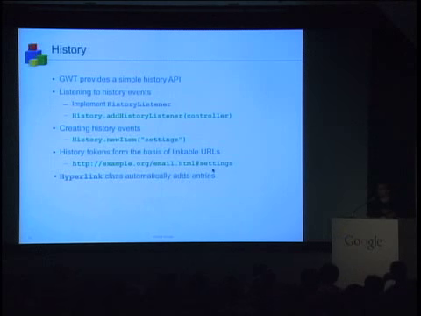This is a common convention in AJAX applications. And if you go to this URL, it would then take you to the settings page within your application. And the GWT included hyperlink class automatically adds history entries. So I'll give you an example of this in action a bit later on.